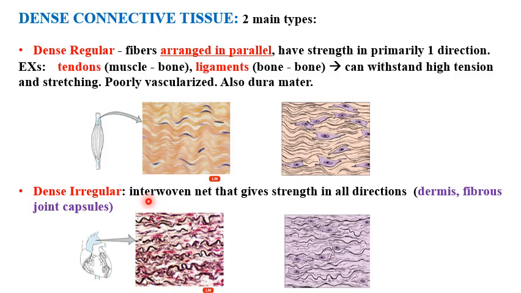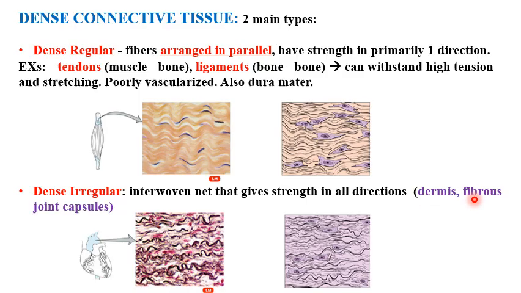Now, dense irregular, you're going to see also very little ground substance, a lot of fibers that are packed, but they're not very much in parallel. They're kind of messy. And you're going to find it in places where you need to have a lot of resistance in all dimensions. Like, for example, right under the skin, right?